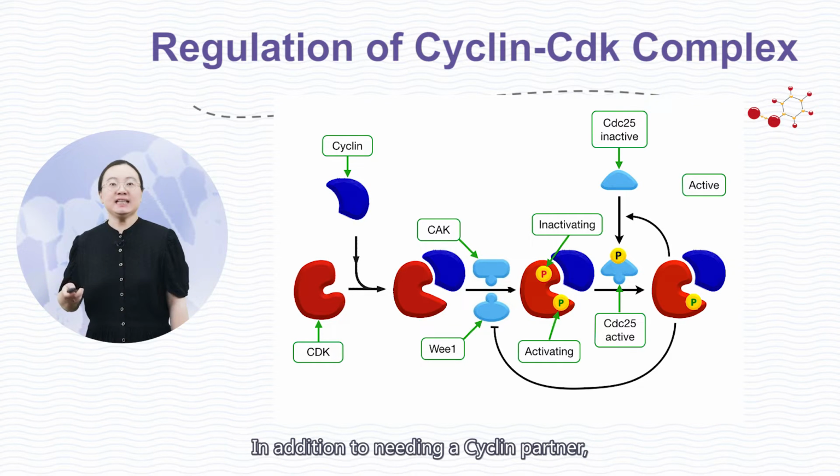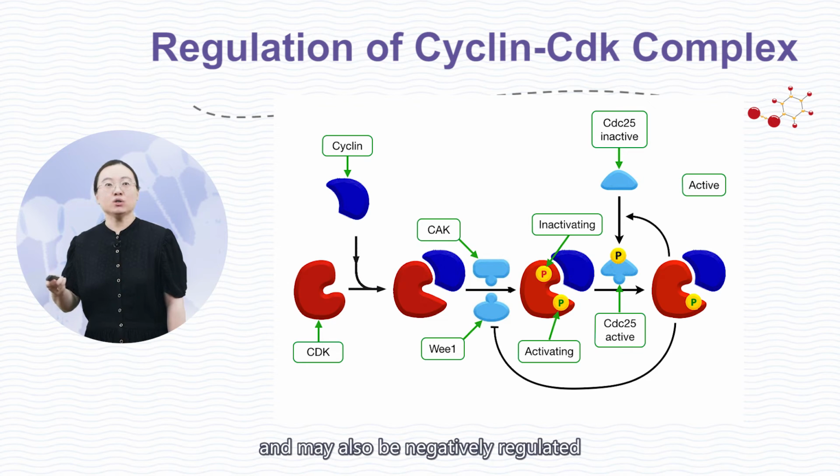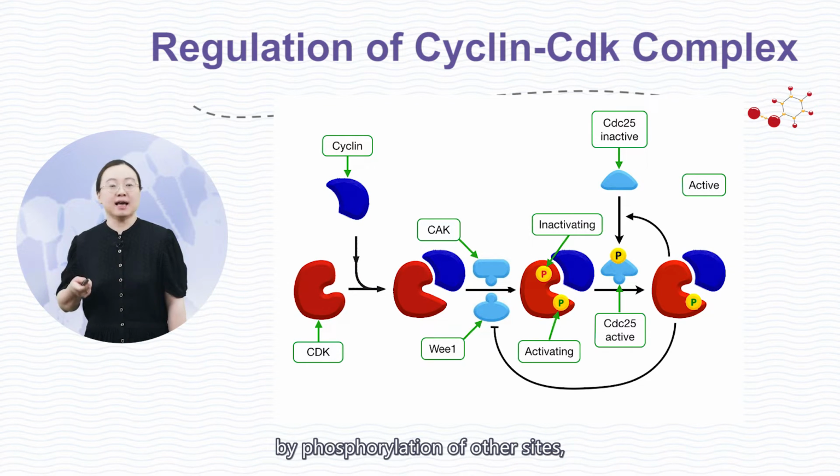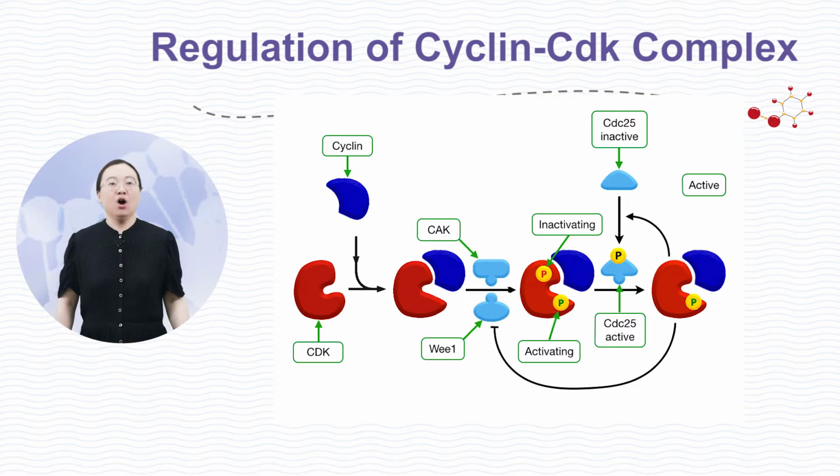In addition to needing a cyclin partner, CDKs must also be phosphorylated on a particular site in order to be active, such as threonine 161 in CDK1, and may also be negatively regulated by phosphorylation of other sites such as threonine 14 and tyrosine 15 in CDK1.